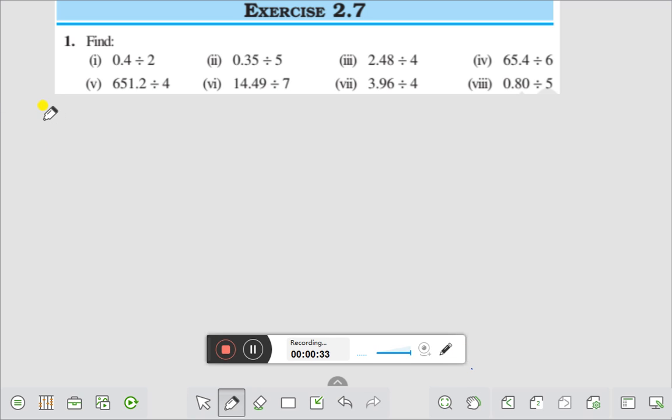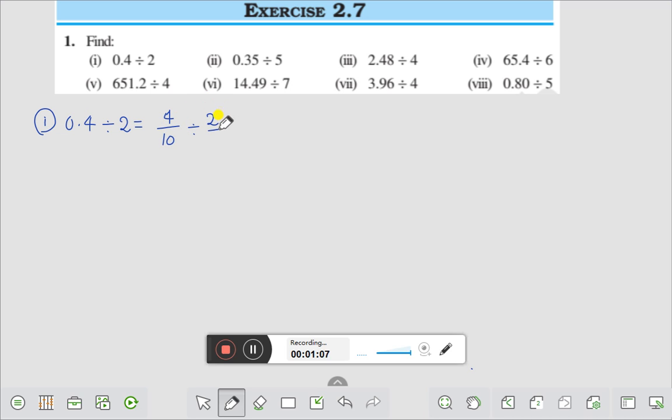We can write it here as 0.4 can be changed into a fraction, that is 4 by 10, divided by 2.